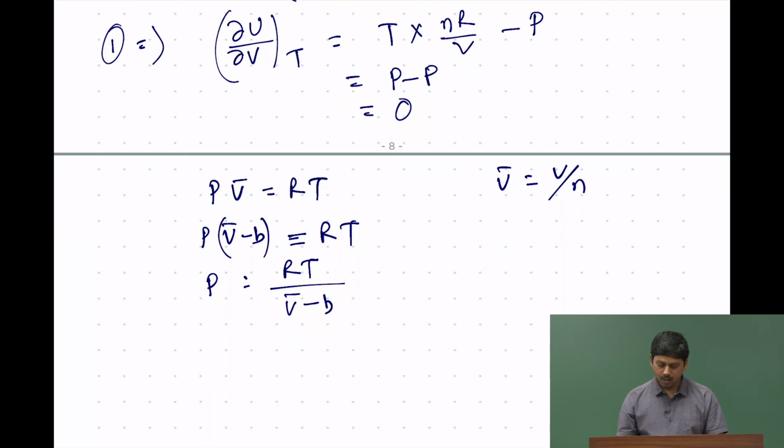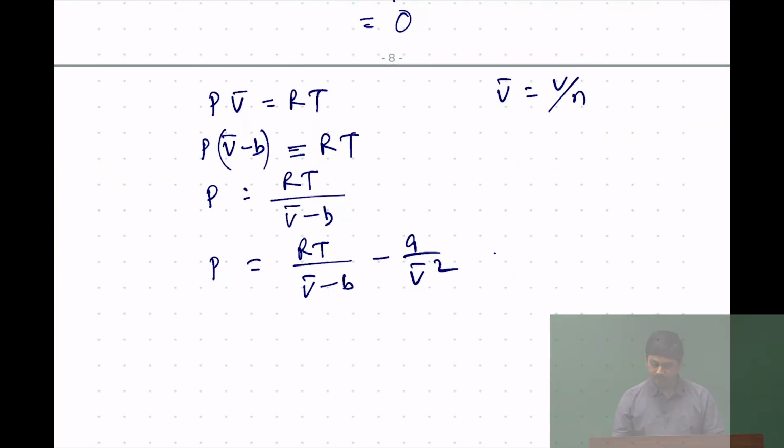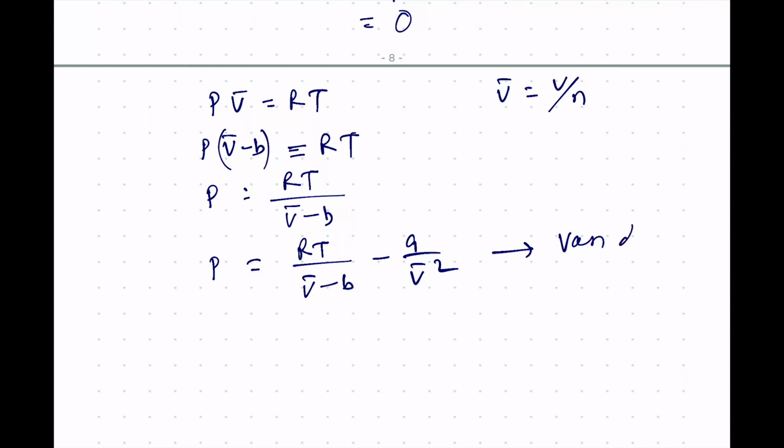However, in order to have attraction between the particles, we put another term, A by V square. So, that is our van der Waals gas equation of state.